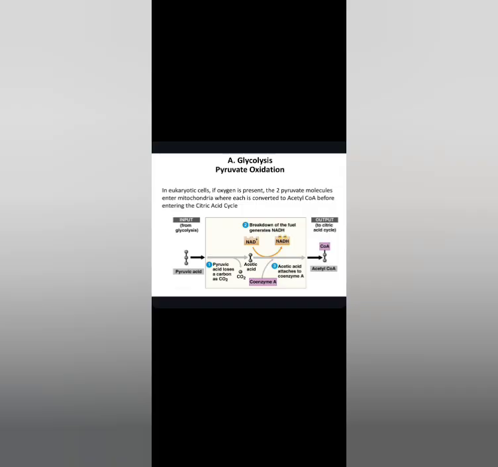At the same time, another part of the same complex of enzymes takes a large macromolecule called coenzyme A and attaches it to this 2-carbon molecule, making a 2-carbon molecule called acetyl-CoA, which stands for acetyl coenzyme A. In summary, in pyruvate oxidation we go from a 3-carbon molecule into a 2-carbon molecule.